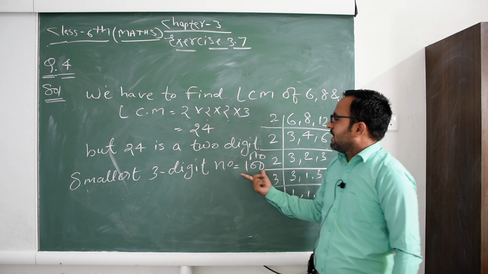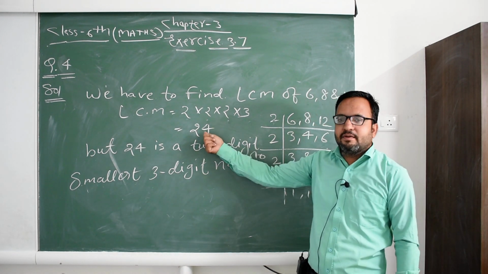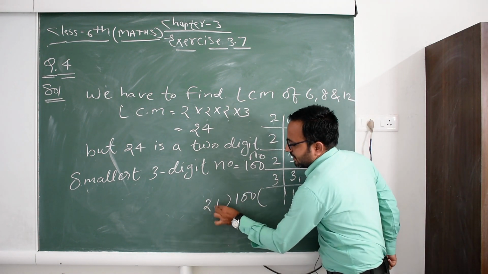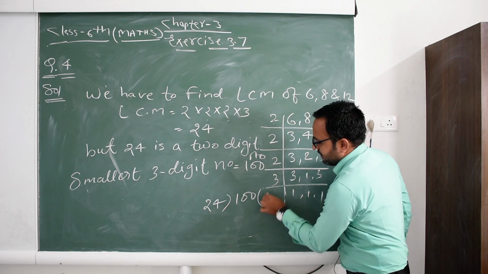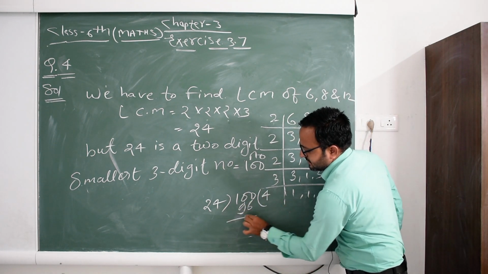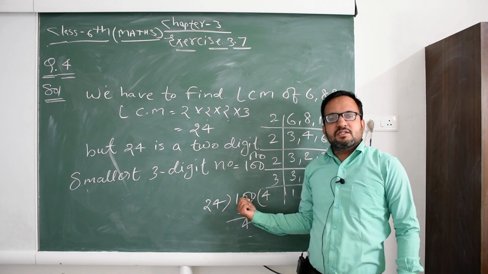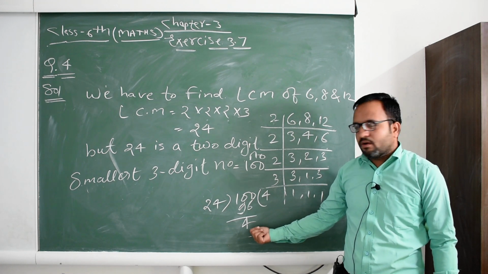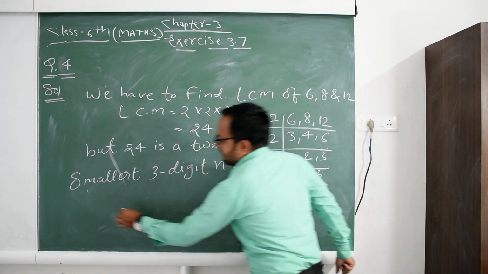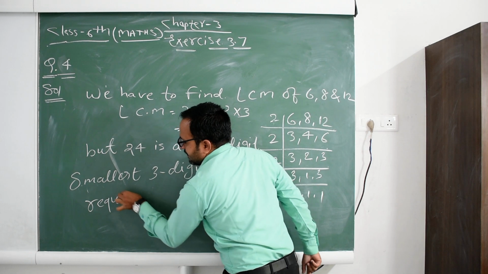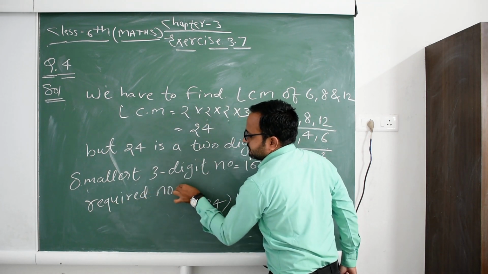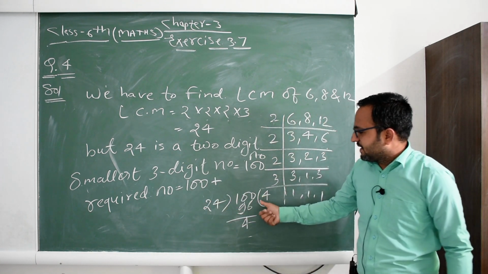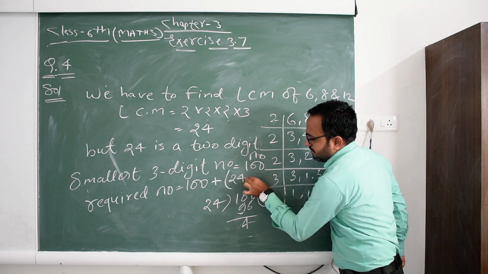Now we divide 100 by 24. 24 fours are 96, remainder 4. So 100 is not fully divisible by 24; we got remainder 4. So the required number is 100 plus 24 minus 4.